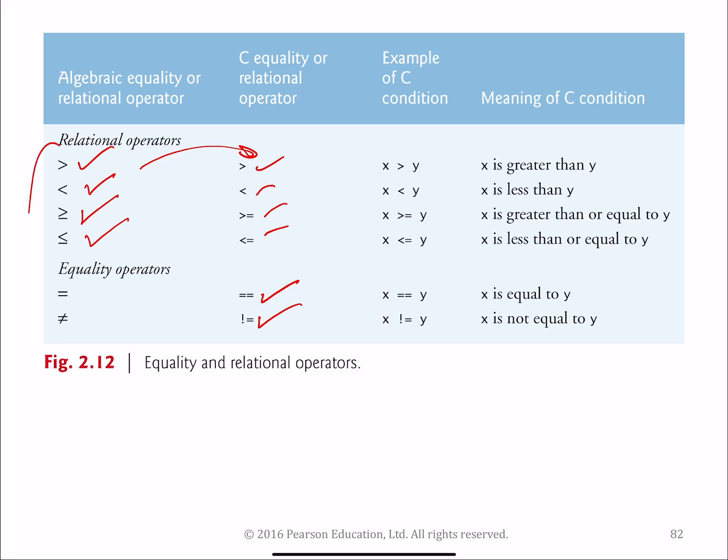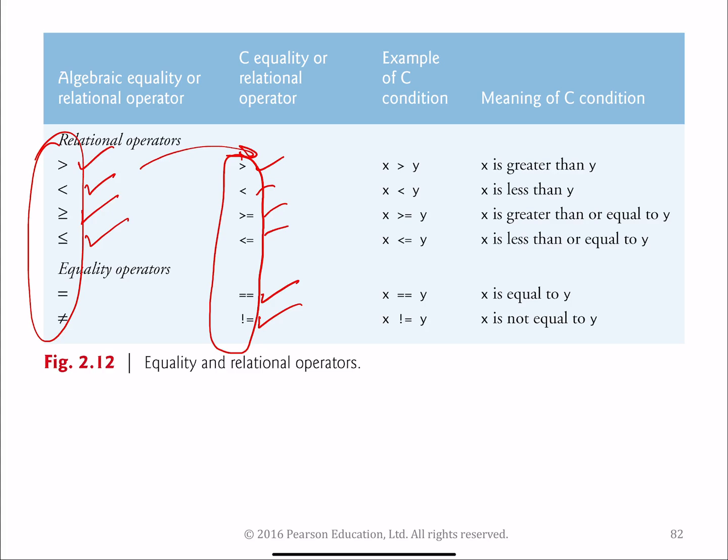So this is how we express those operators in algebra, if you were doing it on paper. And these over here in the second column are the symbols for these operators as we will use them in our program.